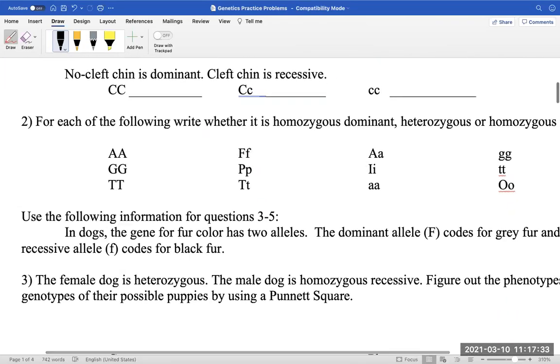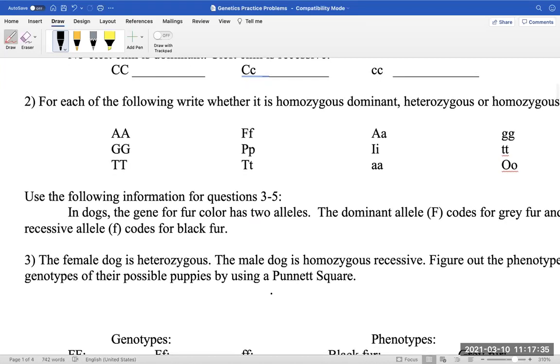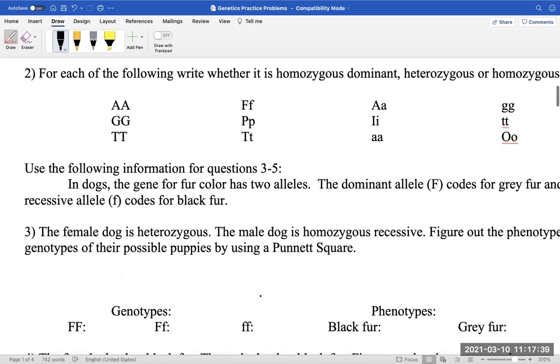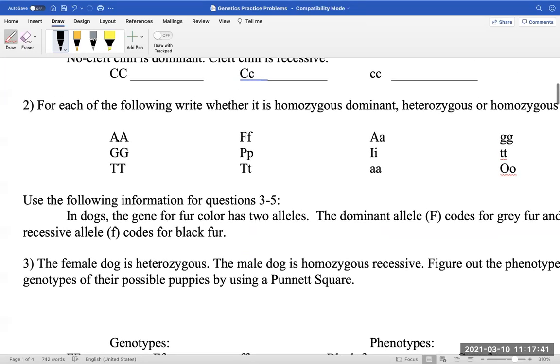Now, let's look at this next one. This question is asking, tell whether it's homozygous dominant, heterozygous, or homozygous recessive. I'm probably going to do a few of these. So what is this? Homozygous dominant.